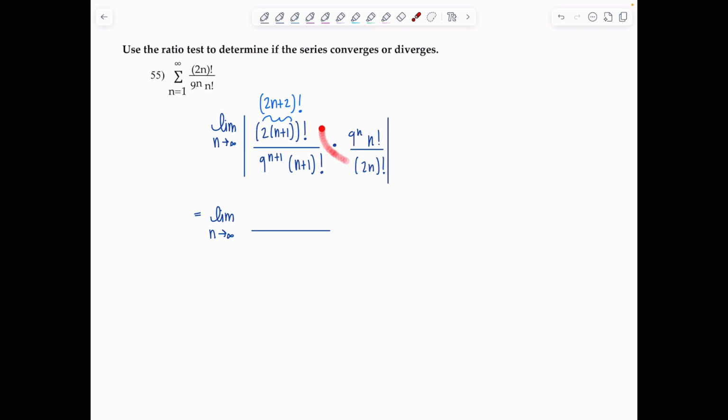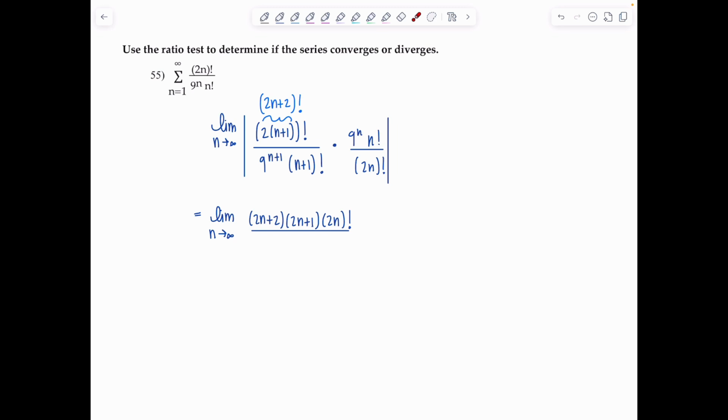I'm going to try to get these guys to cancel. Let me break down the bigger one. And then I'm also going to try to get these guys to cancel. Let me break down the bigger one. So 2n plus 2 factorial, that's 2n plus 2 times 2n plus 1 times, and then now I'm just going to stop at 2n factorial since I see it on the denominator over here and I know it'll cancel.